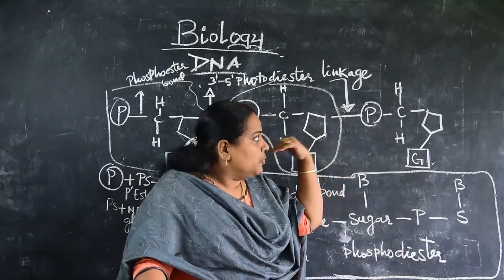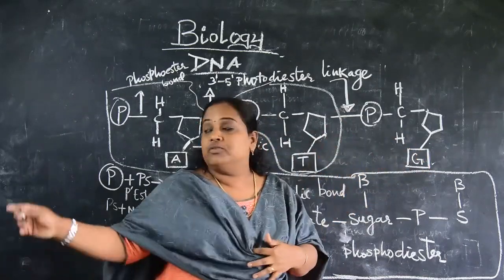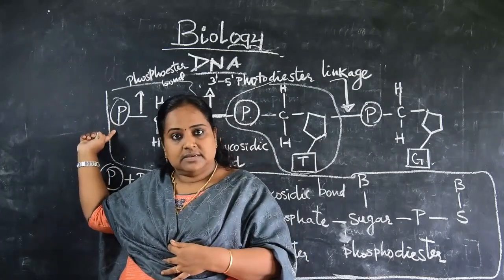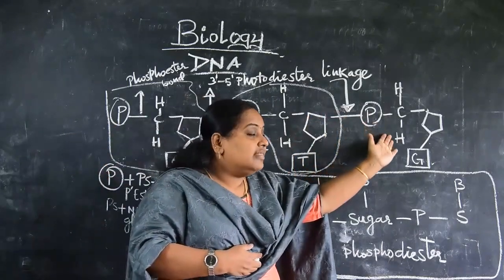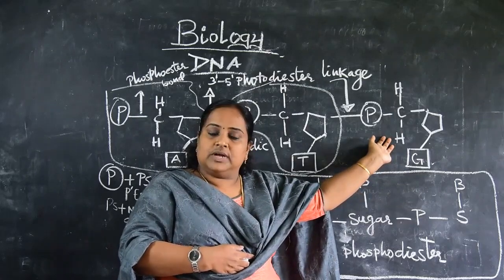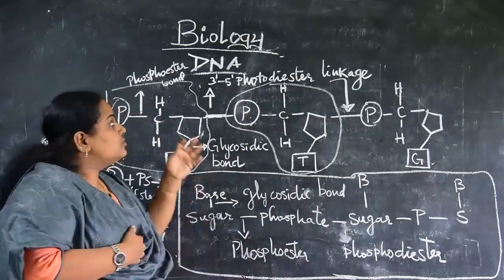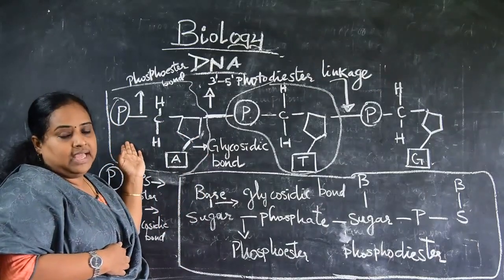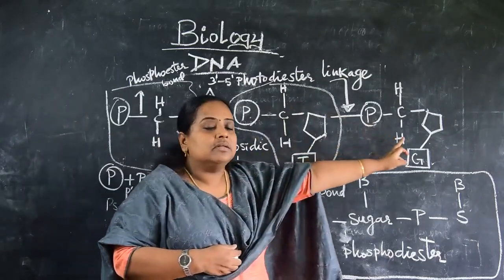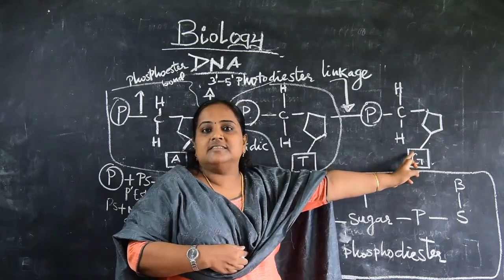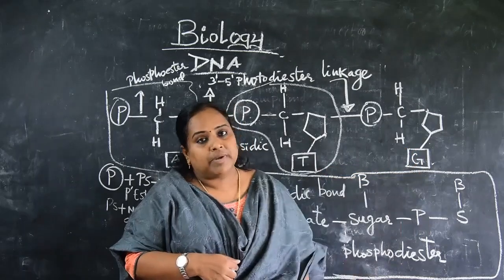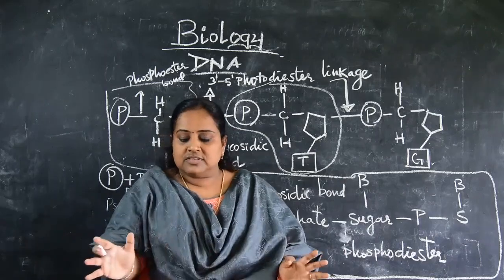So the polynucleotide chain has one end with a free phosphate group, and another end with a pentose sugar. The end which has the free phosphate group is known as 5 prime end, and the end which has the pentose sugar is known as 3 prime end.